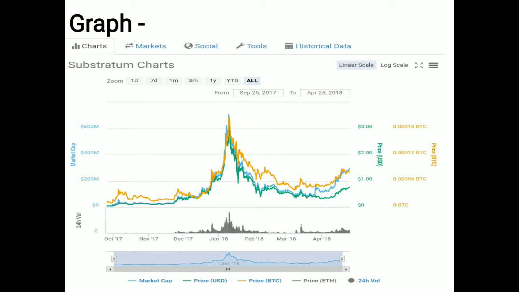As you can see, it started trading on exchanges on October 17, and after that in January it took a great spike and started trading above $3. After 1 or 2 weeks it went into a downfall, and now it is trading between $0.2 and $0.7 in the month of April.